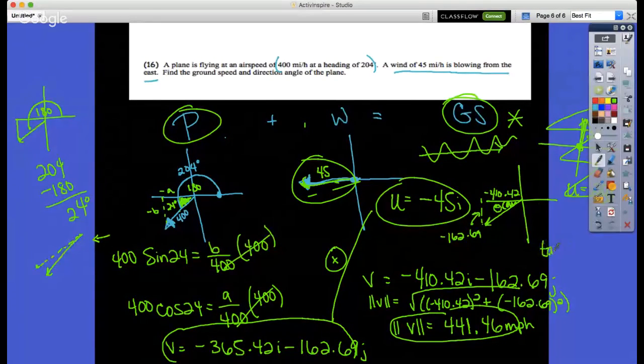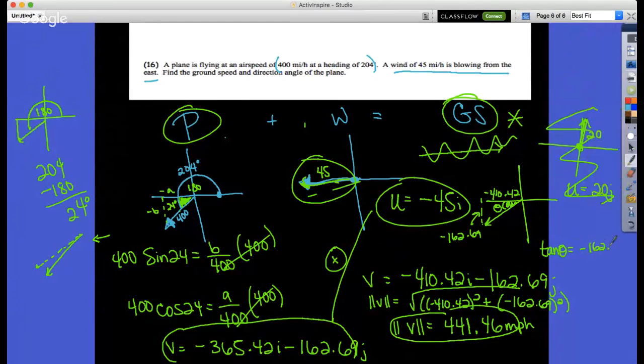Tangent of theta equals opposite, negative 162.69, over adjacent, negative 410.42. To get theta by itself, we do tan inverse on both sides. So tan inverse of negative 162.69 divided by negative 410.42. Once I get to that, I get 21.62, so theta is 21.62 degrees.